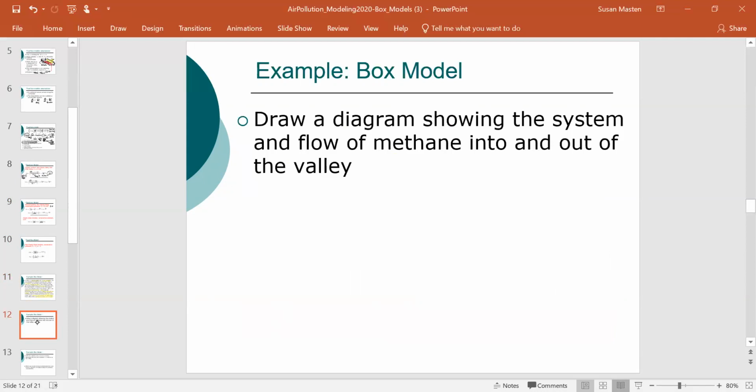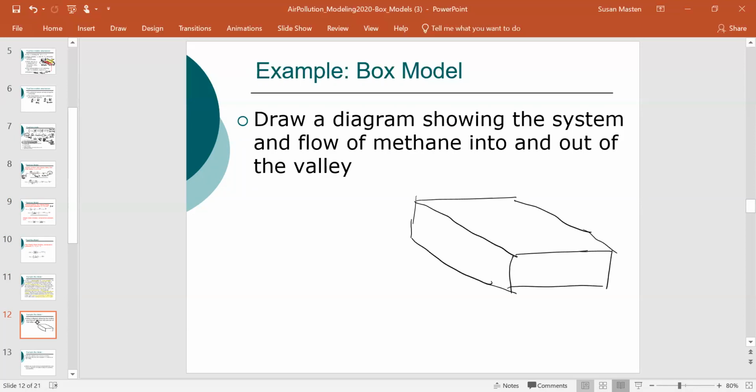So the first thing that I want you to do, okay, is let's draw this diagram. Okay, so what do we have? We've got a box model. I'm going to draw it the same way that I drew the other one. So here's my box.